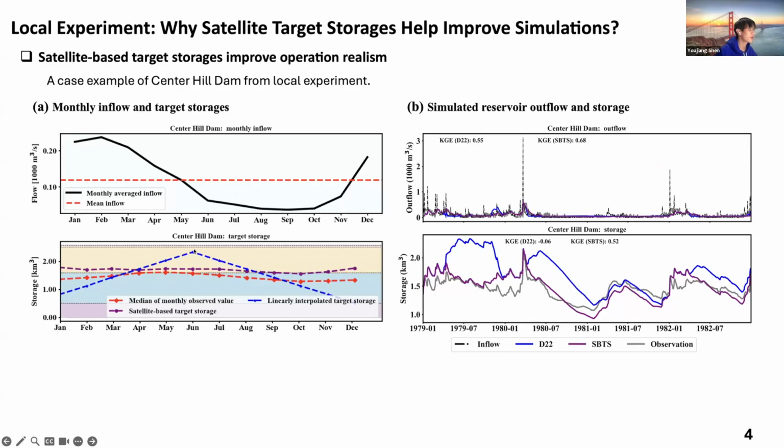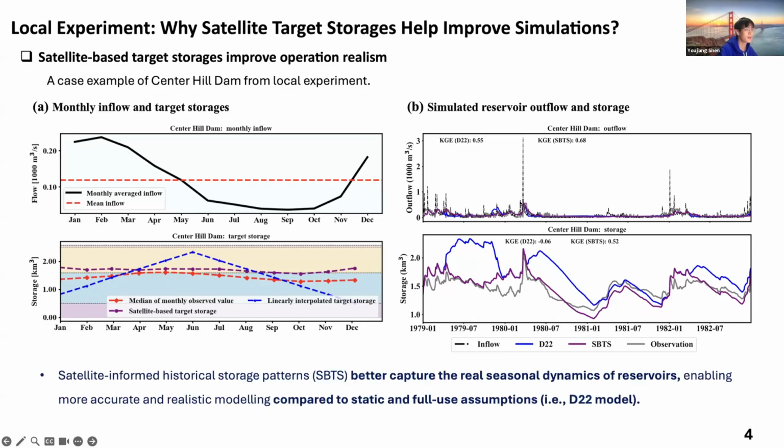And here is the previous model using a very simple method, linear interpolation. And you can see with this inaccurate target, it will result in inaccurate storage. But our model, see the purple one, can capture the intra- and interannual variability very well. So it results in more accurate release and storage patterns.